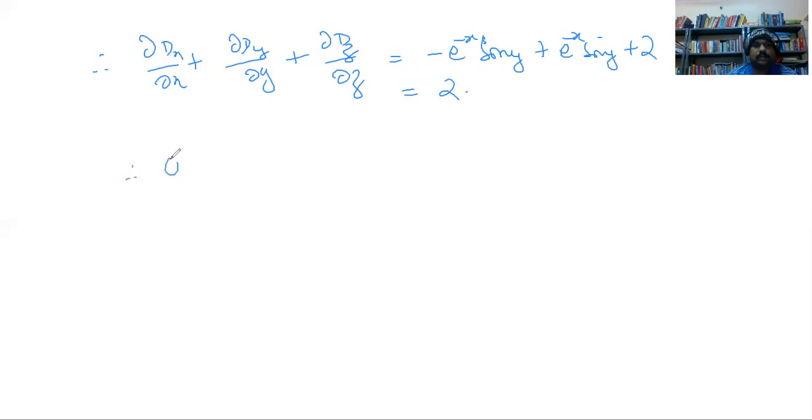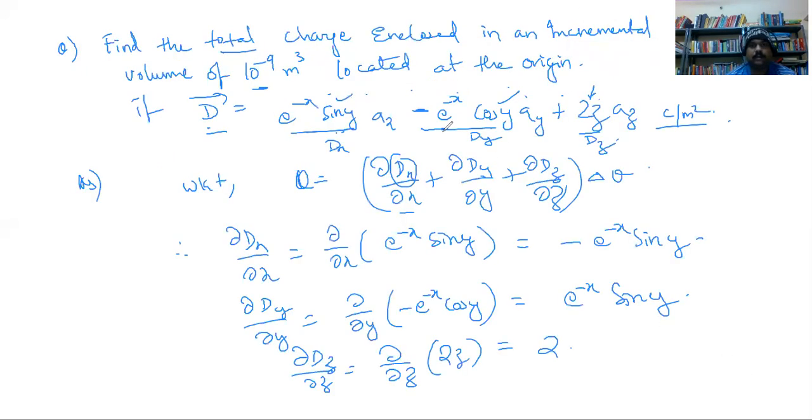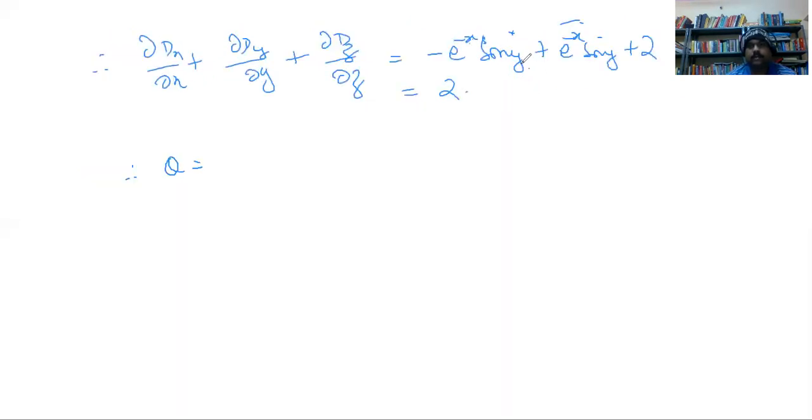Okay, so total charge enclosed. Now, obviously, if these two did not get cancelled, whatever remained, you would have to substitute the x, y, and z values given in this question as origin. You have to evaluate at the origin, which means substituting x equal to 0, y equal to 0, z equal to 0. Because here these two terms are getting cancelled, you need not substitute anything. So this equals 2 into volume.